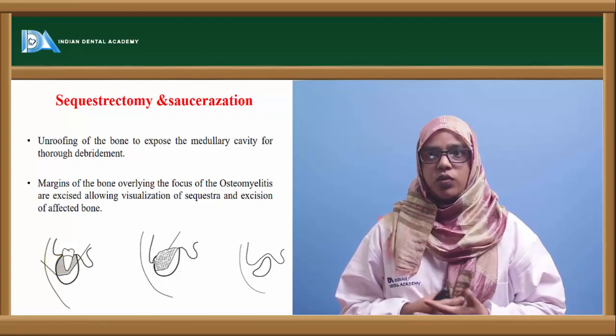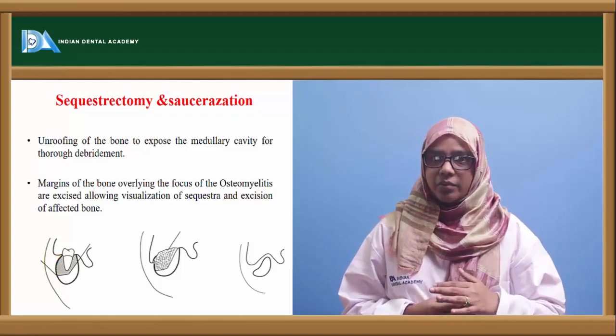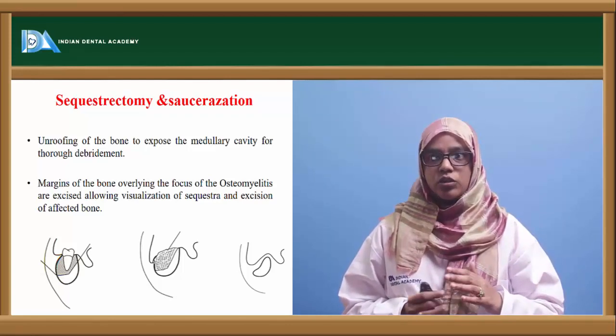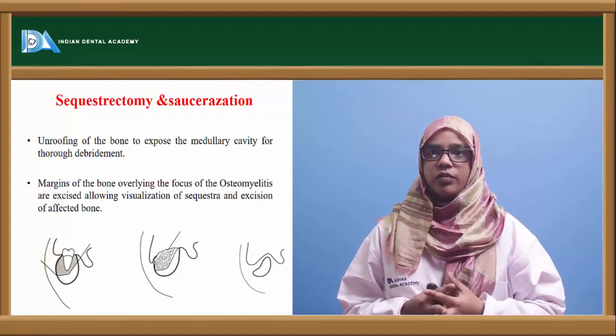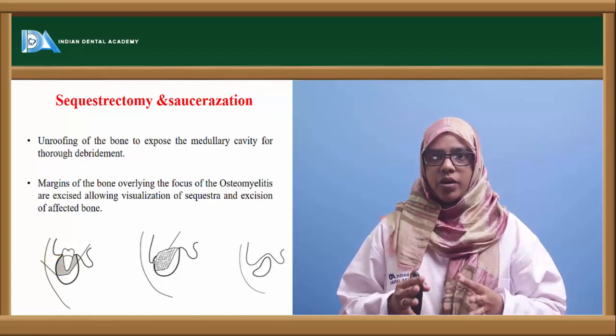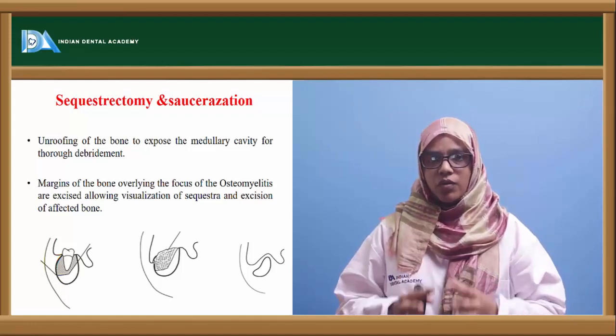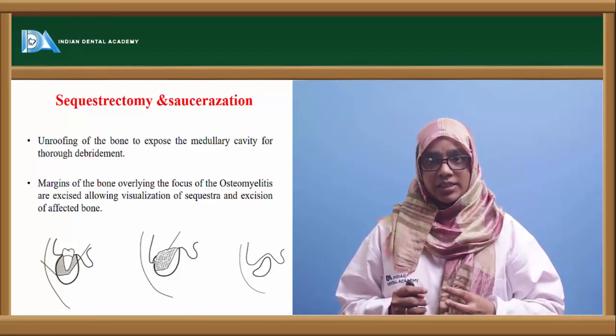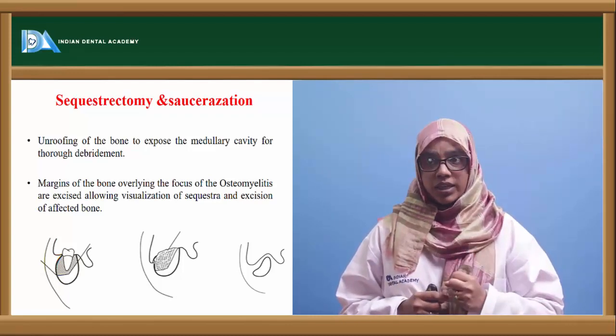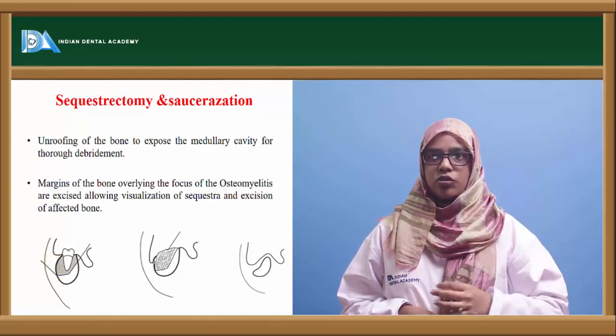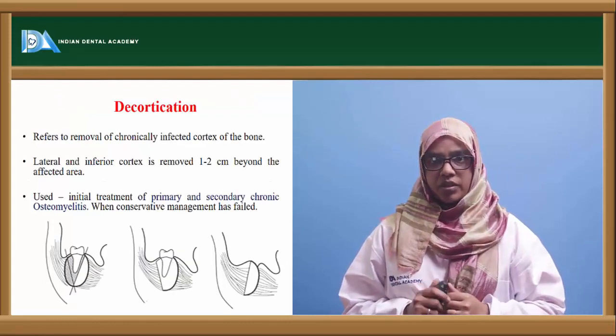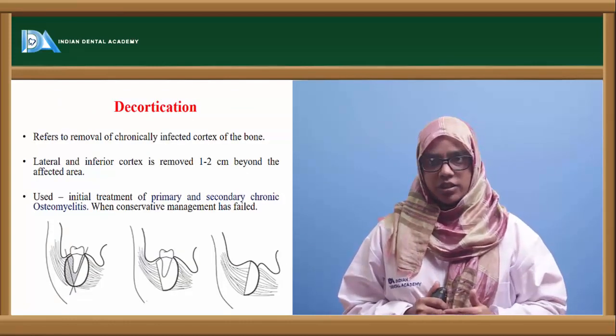The next is saucerization. It is nothing but unroofing the bony cavity to expose the medullary cavity for thorough debridement. The margins of the bone overlying the focus of osteomyelitis are excised, allowing thorough visualization of sequestrum and excision of the affected bone. Then comes decortication.